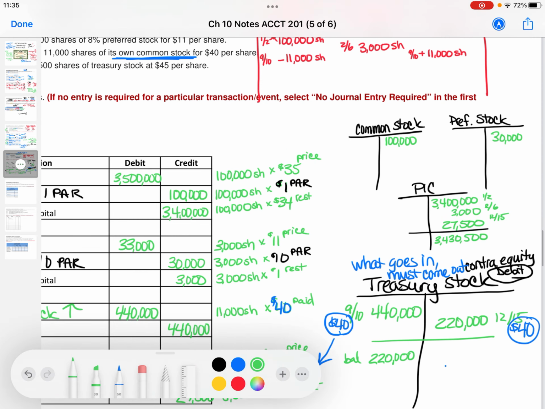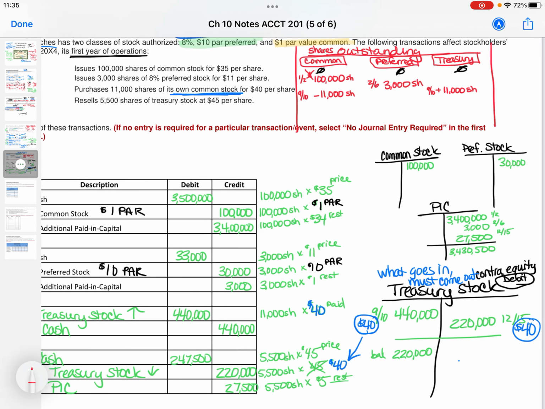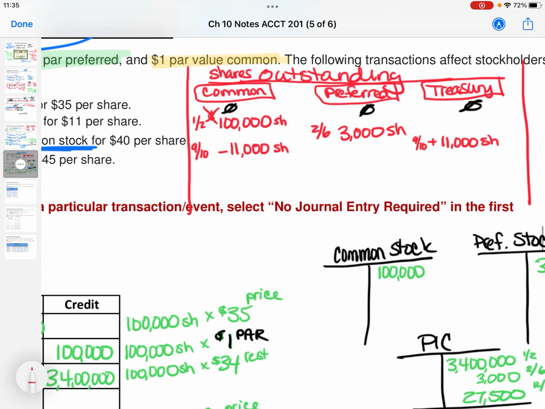Okay, I was working my way up to the top of this problem because now that I sold back, they say resell some of my shares, I need to write that down in my shares outstanding. So on 12/15, I sold 5,500 shares.